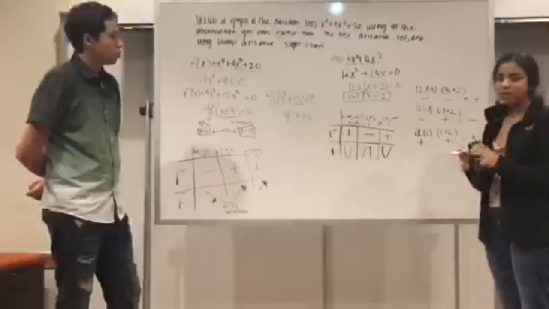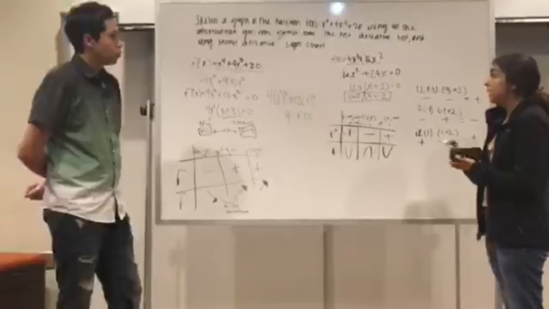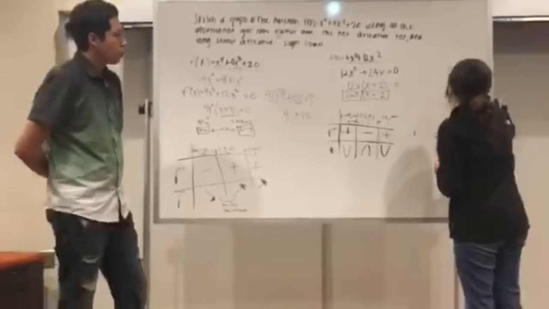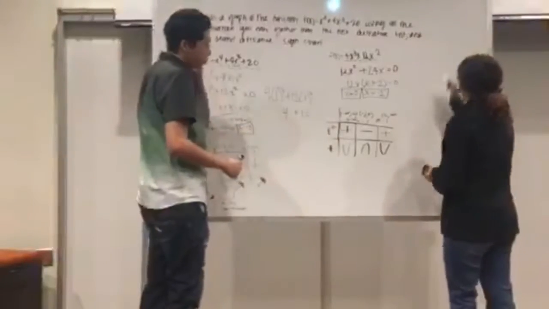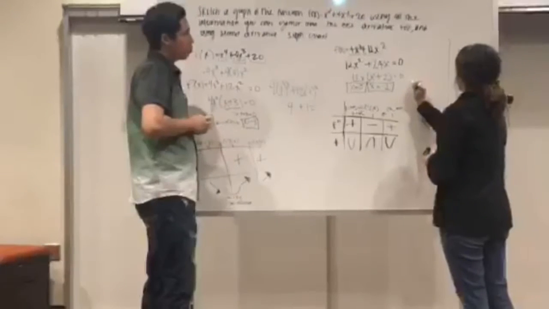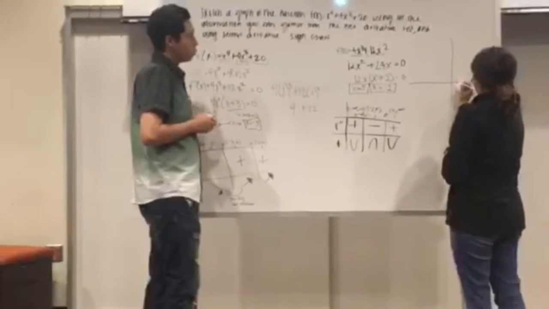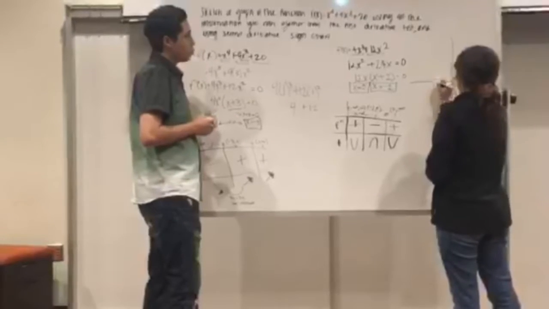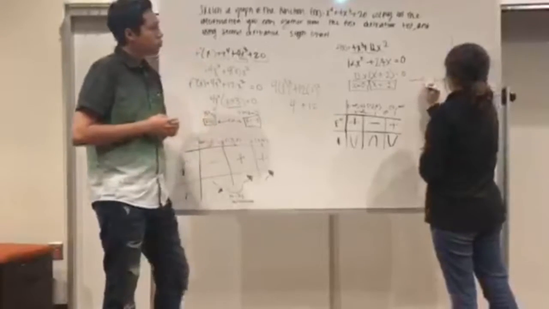So with all this information that we've gathered, we can now sketch the graph. If we draw our graph right here, and add the points 1, 2, 3, just to start, negative 1, negative 2, negative 3.